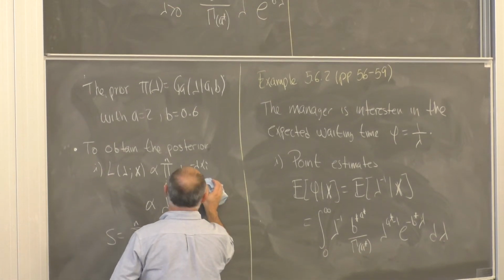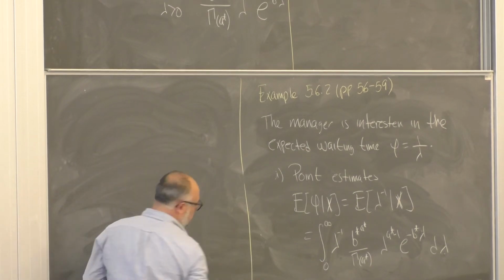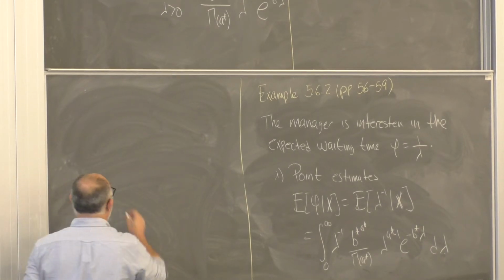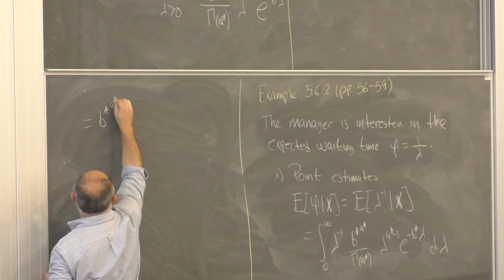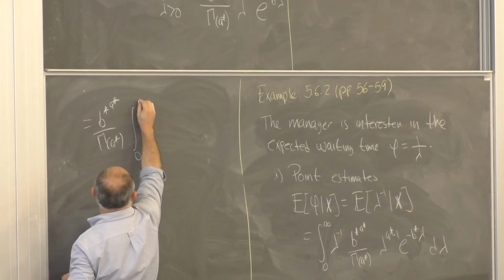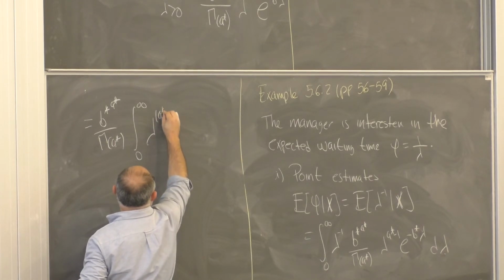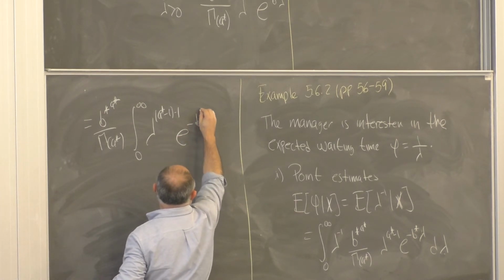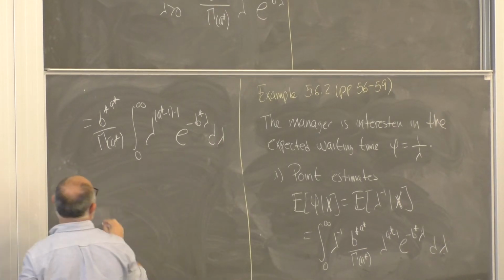Now, down a little bit. So here is where the integration in Bayesian statistics kicks in, because then we can write this down as this factor that does not involve lambda, and then, sorry, I'm dyslexic.